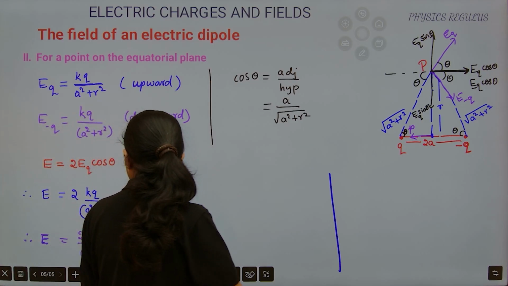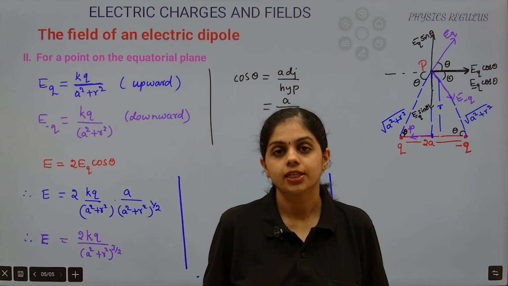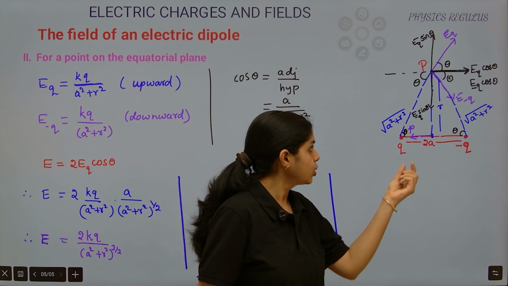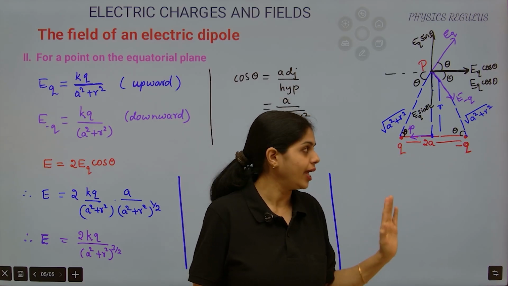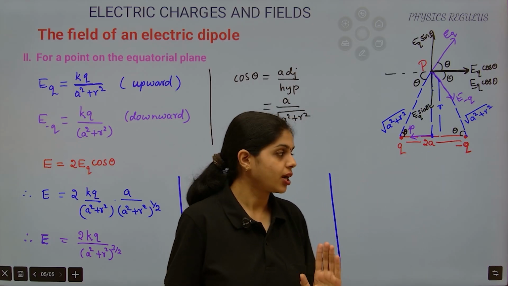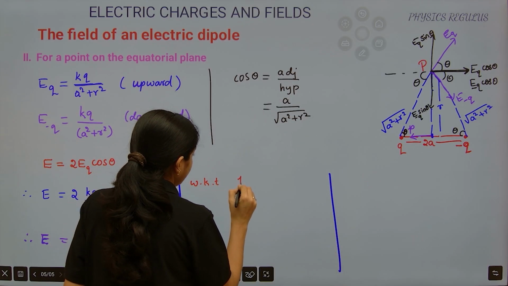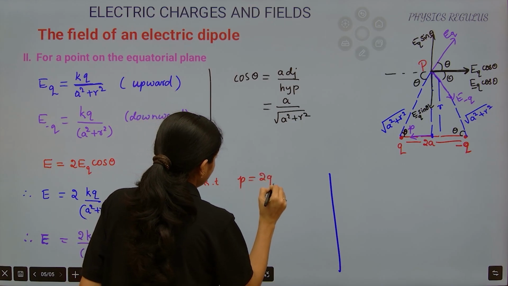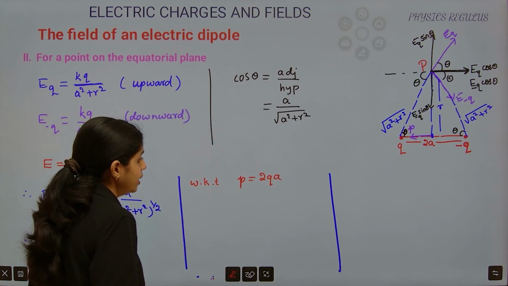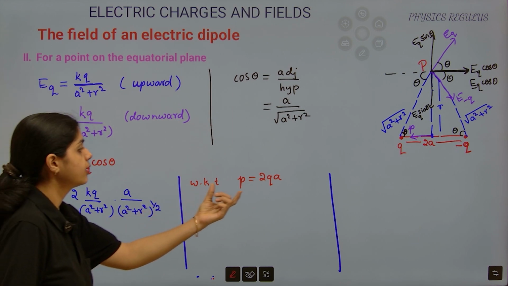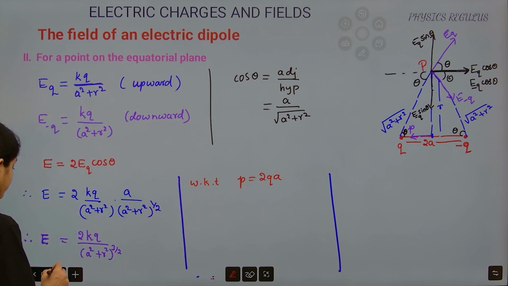Therefore, we already know about electric dipole moment p equal to 2qa, where q is magnitude of charge and 2a is separation between two charges. We know that dipole moment p equal to 2qa. Replace 2qa by dipole moment p.